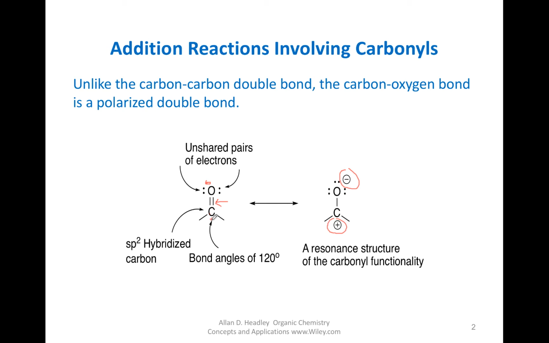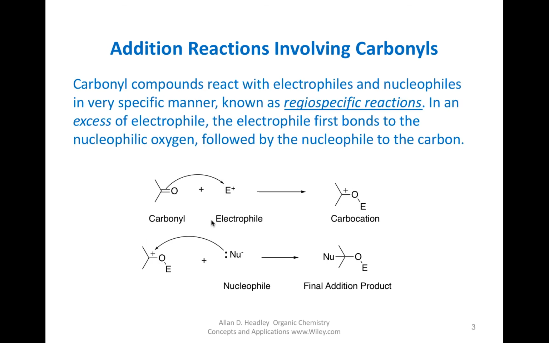So the carbonyl functionality is a polarized bond where the carbon is partial positive and the oxygen, being more electronegative, is partial negative. That makes it easy in terms of addition reactions because, as we have seen before, an electrophile will add to the nucleophilic end of the molecule. So there's no debate where this E plus or H plus will add.